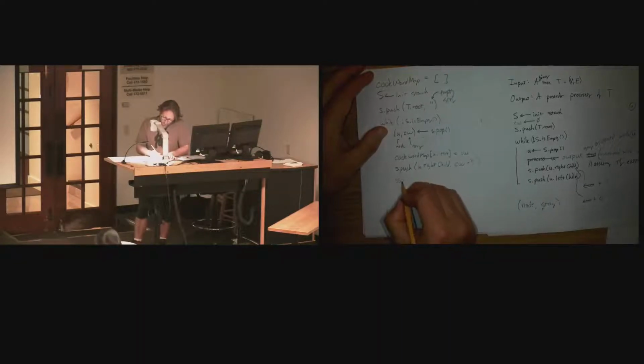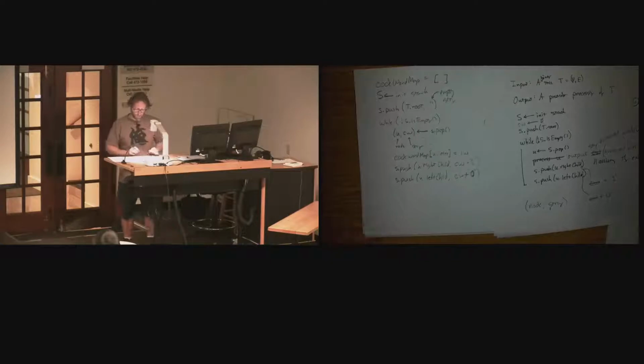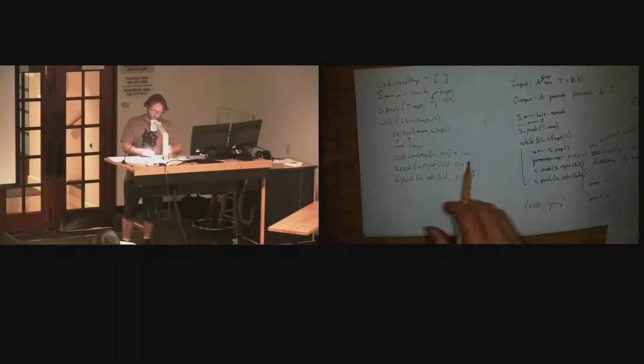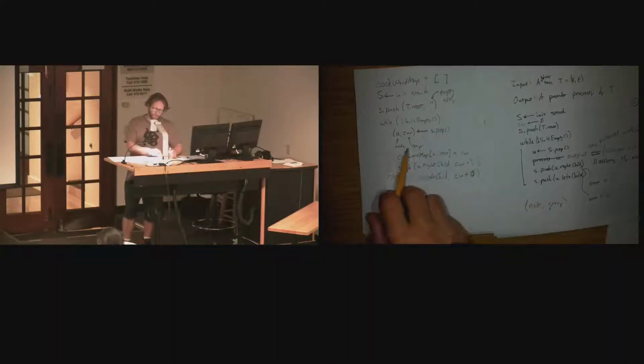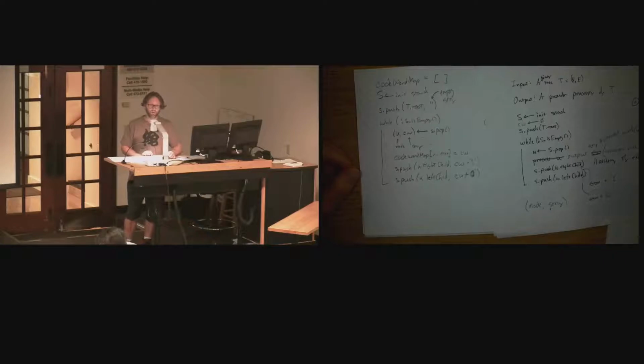And then when you push the left child, you concatenate CW and 0. And there you go. And then eventually it comes out, and whatever the code word was that was pushed in with it, that eventually comes out of it. And so that's how you can use preorder traversal to walk along the tree.